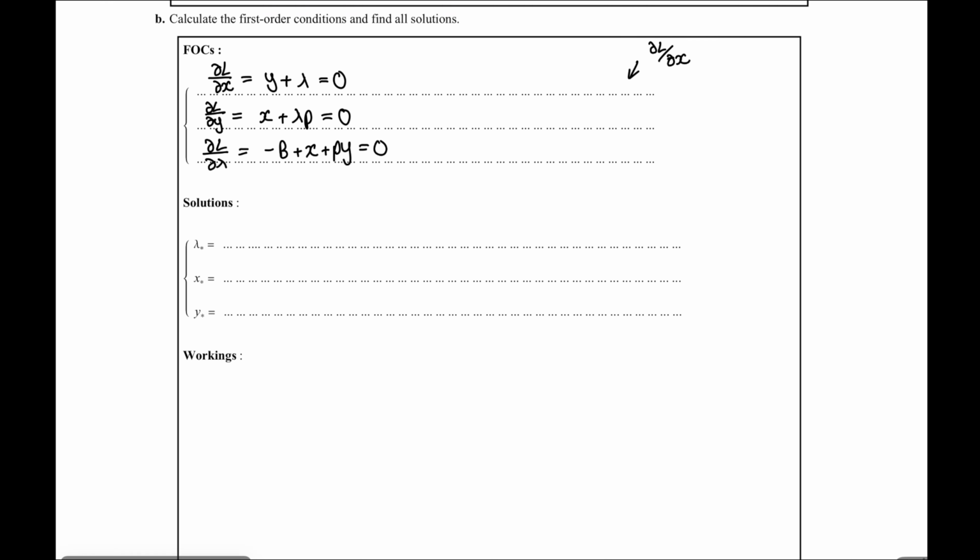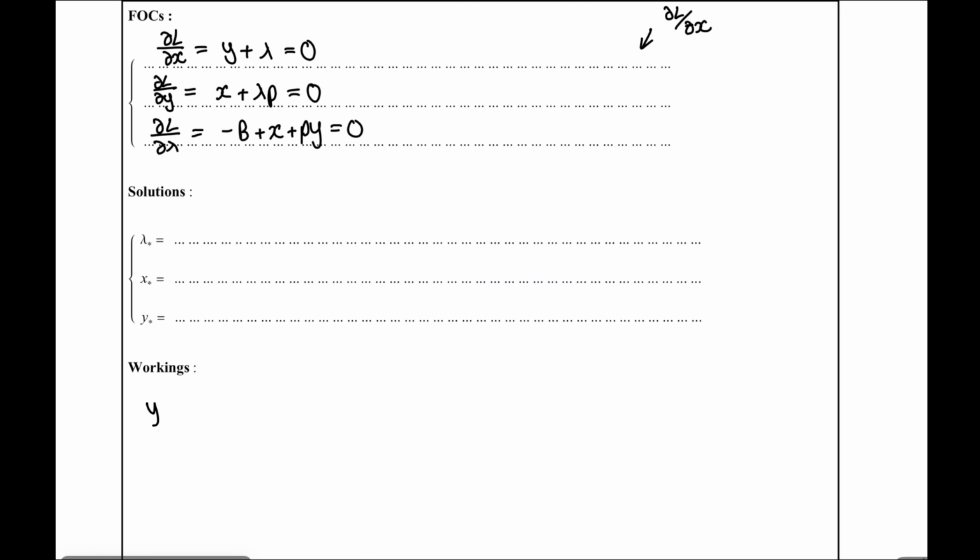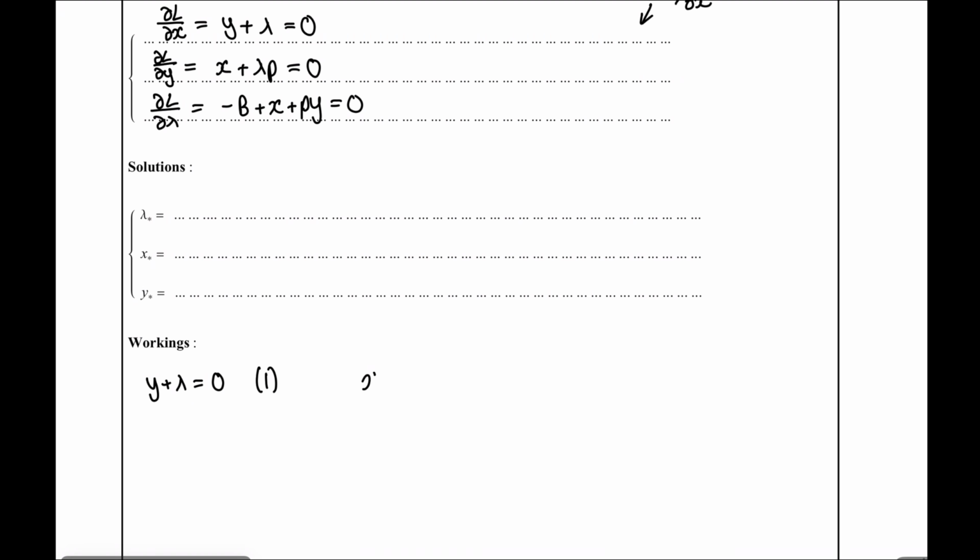Now, in order to solve the first order conditions, I shall rewrite them. So we have y plus lambda is equal to 0, which I'm going to label as equation 1, x plus lambda p, which is also equal to 0, which I'll label as equation 2, and then our budget constraint, which is minus b plus x plus py is equal to 0, and that's going to be our equation 3.